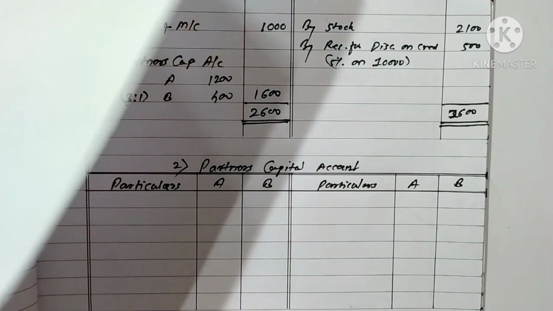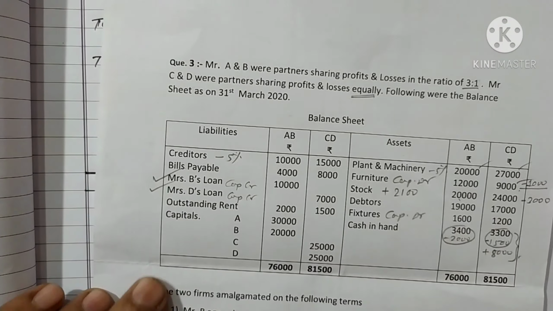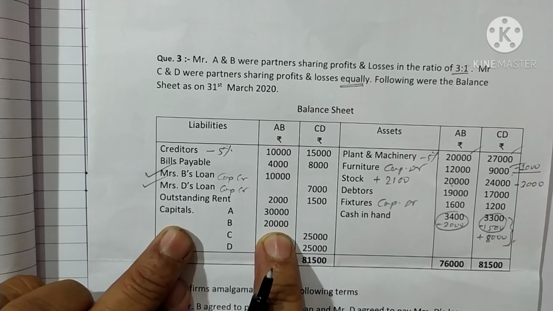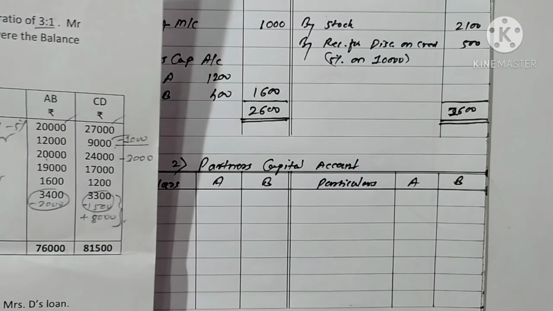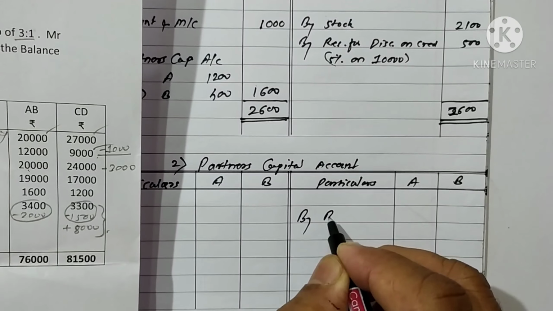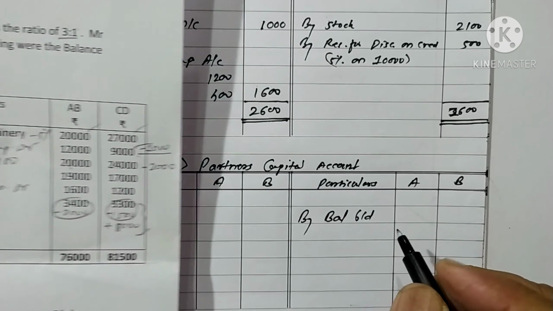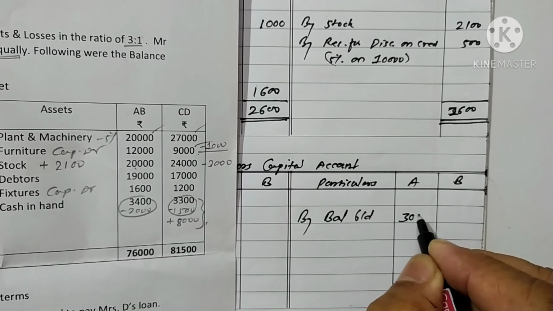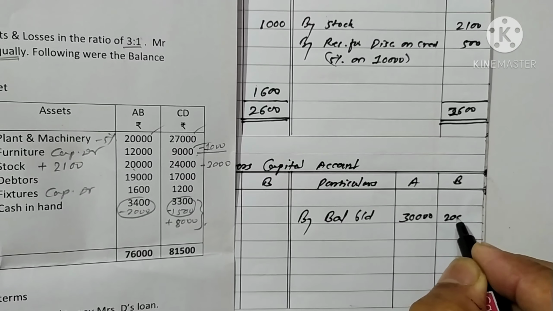We try to complete the partners' capital account. First we have to write partners' capital: A's capital 30,000, B's capital 20,000 on the credit side as balance brought down. Rupees 30,000 and 20,000.